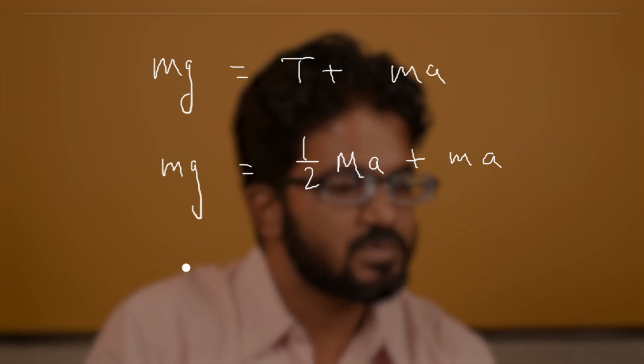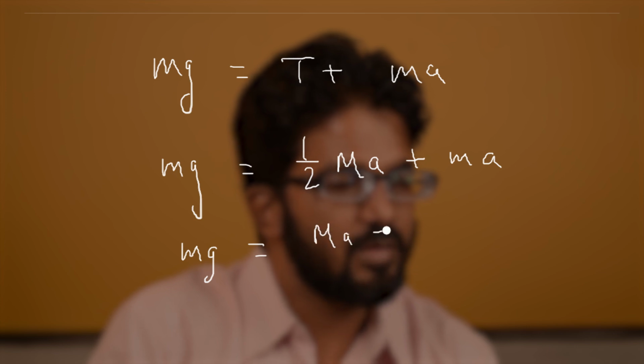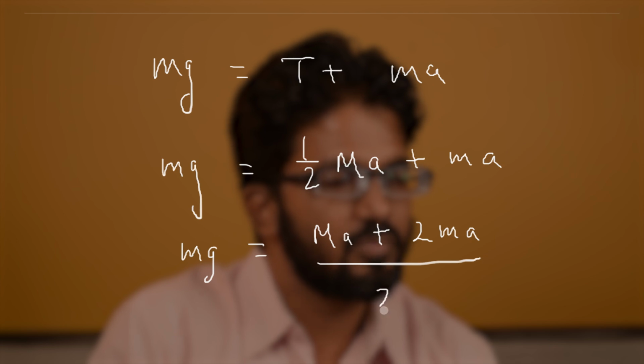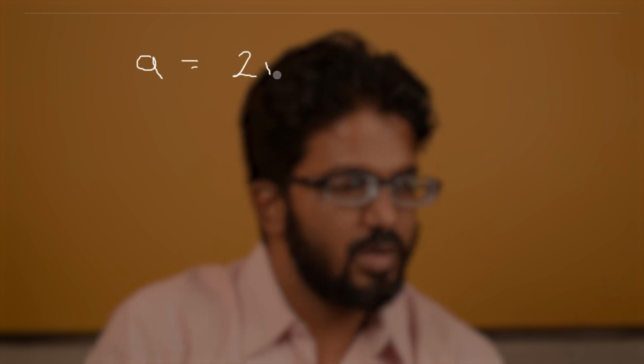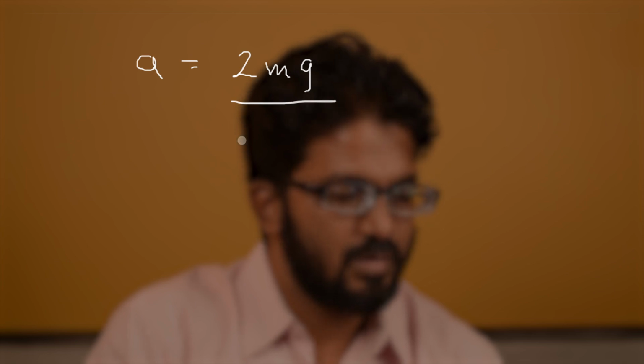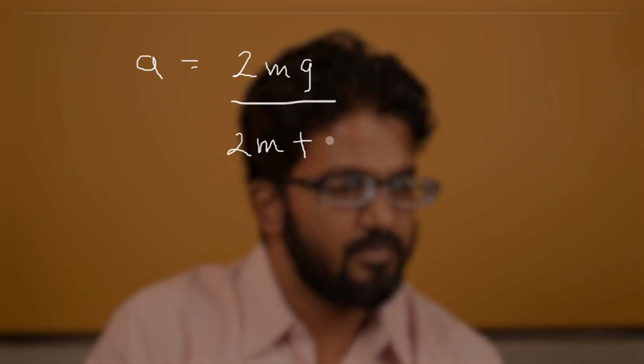This equation can be solved as mg is equal to Ma plus 2ma by 2. So we can write a as 2mg upon 2m plus M from the previous equation.